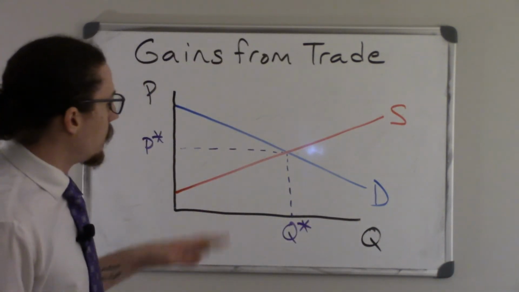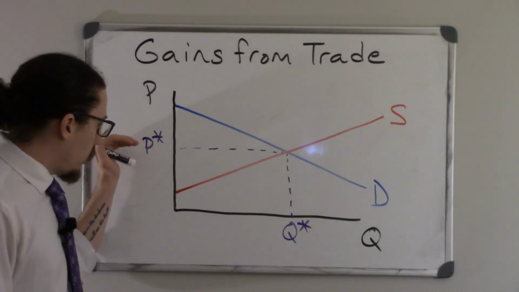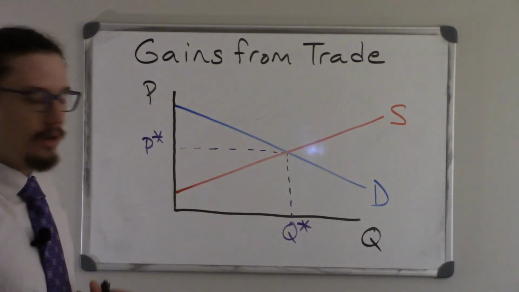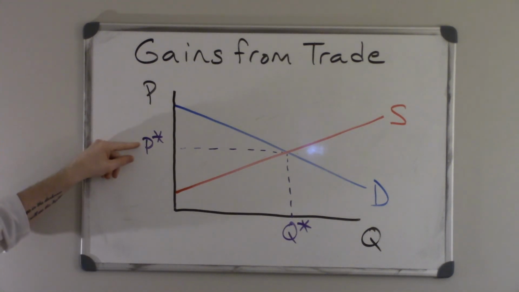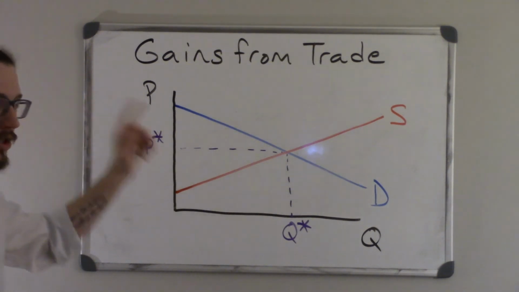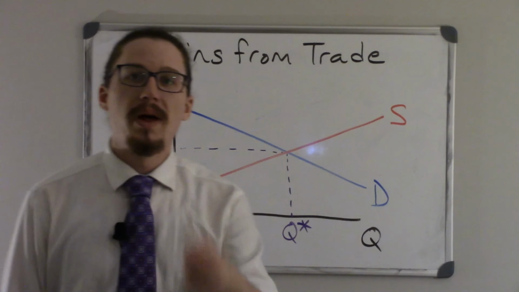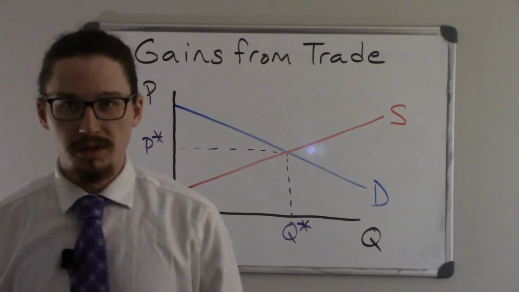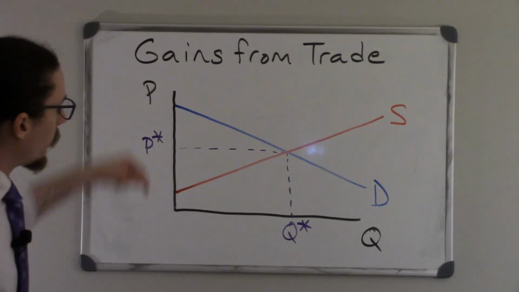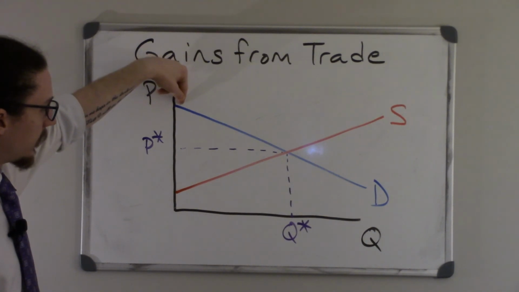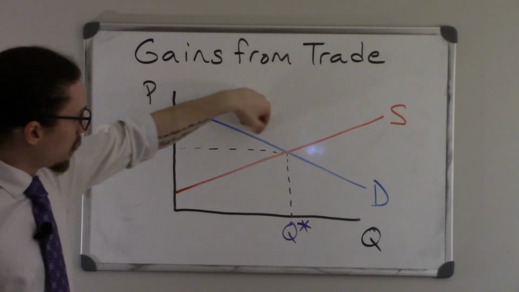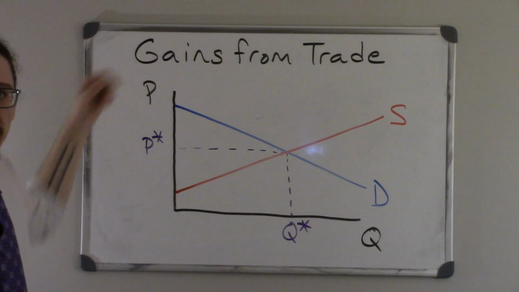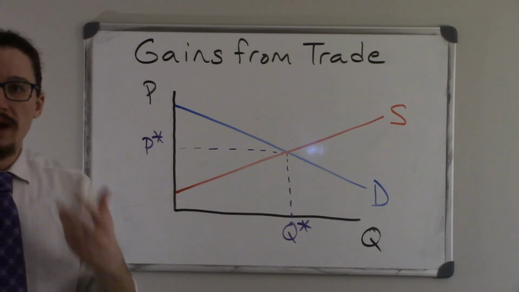All right, so suppliers in this market are going to be paid the equilibrium price for their good. And consumers in this market are going to pay the equilibrium price for this good. All right, but we can see on the demand side that there are consumers who are willing and able to pay more for this good.